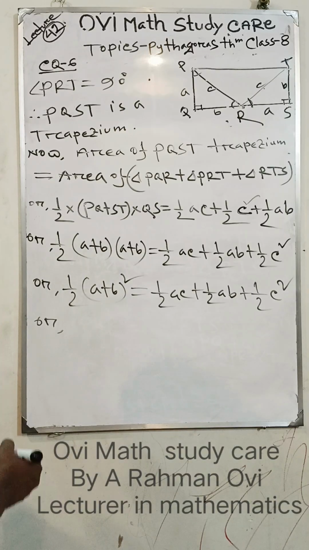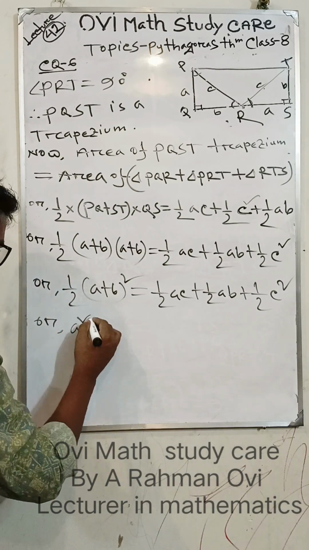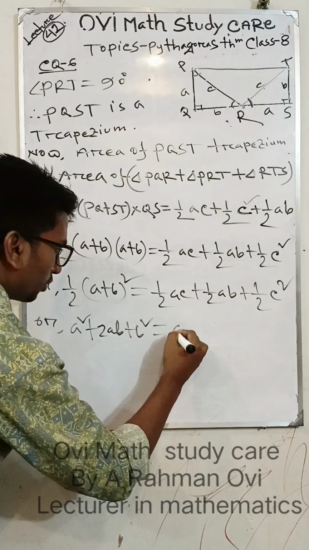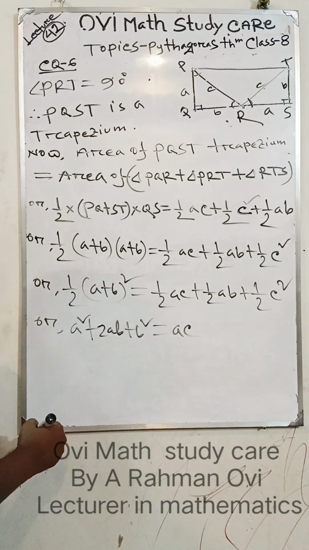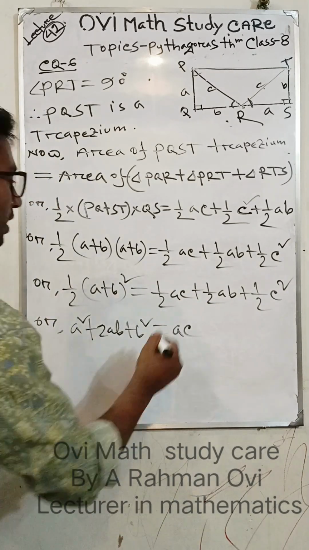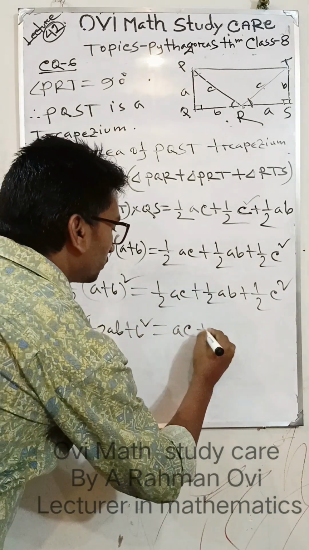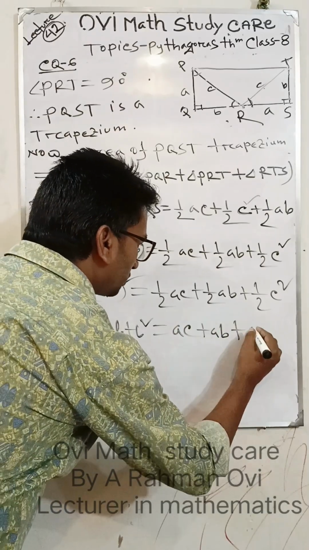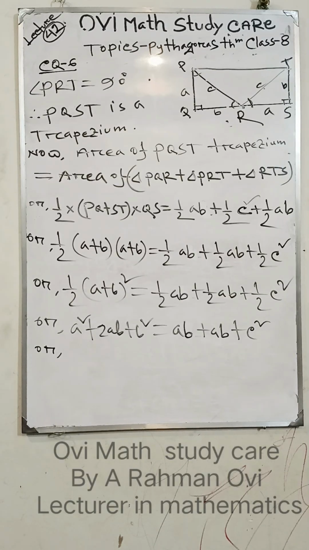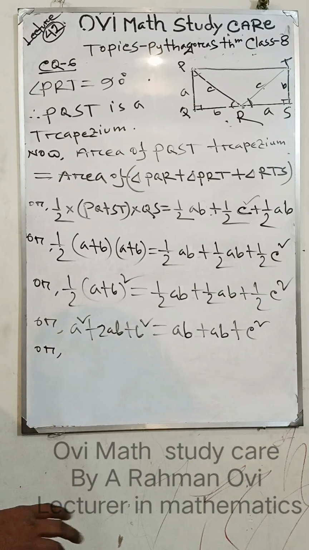If we remove the half from both sides, then we can write A square plus 2AB plus B square equals AB plus C square.